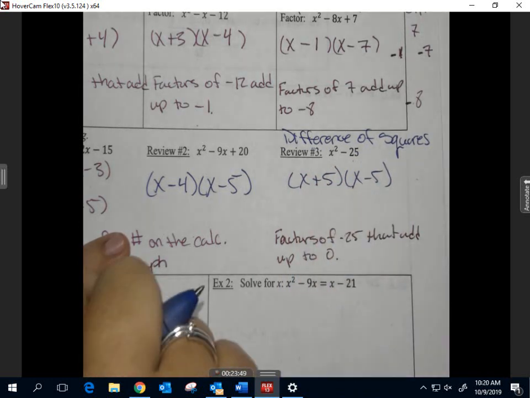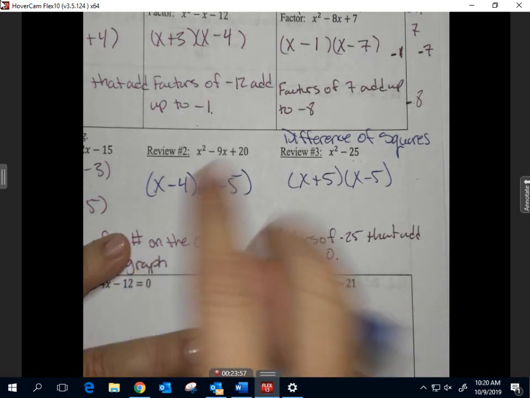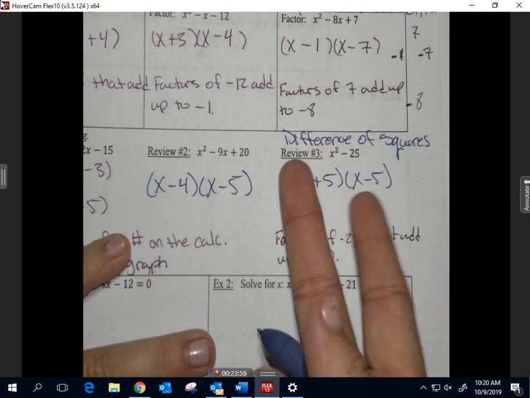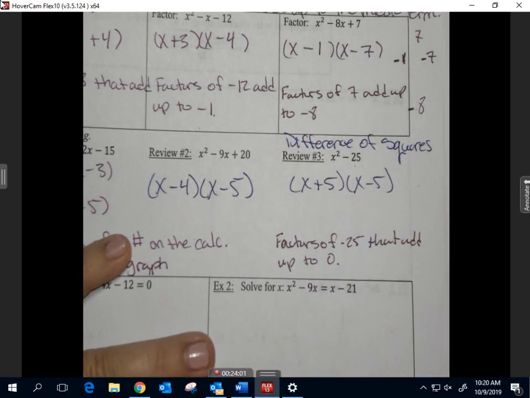Does it matter if I put x minus 5 first? No. Not at all. That's called the commutative property of multiplication, so it doesn't matter your order. So you're allowed to do that. Like I'm allowed to say 2 times 3, because that's 6, or 3 times 2, that's also 6. So it doesn't matter which way I multiply it.